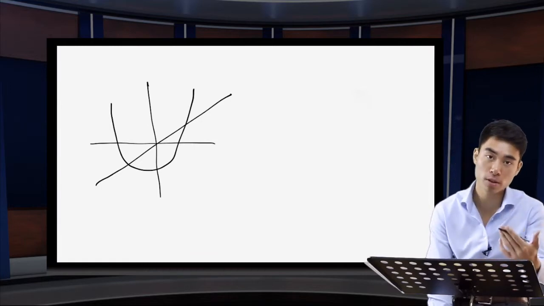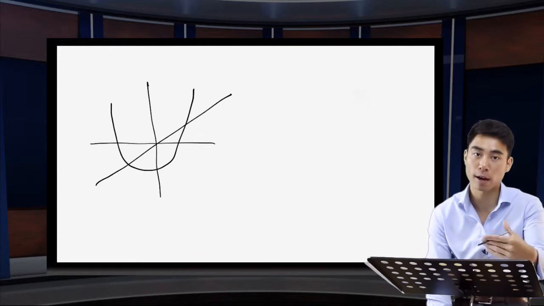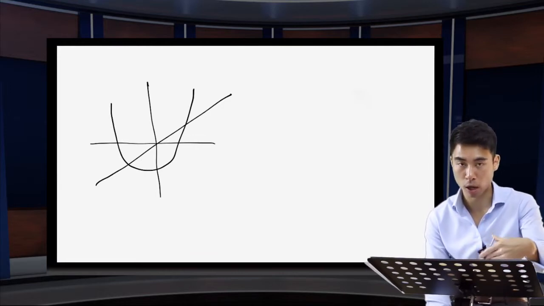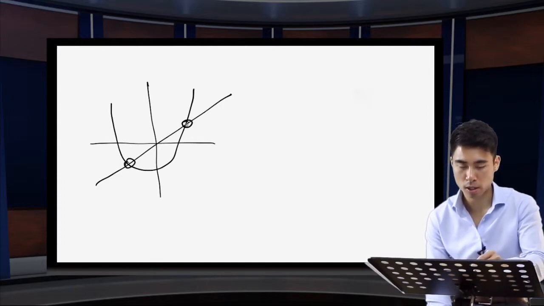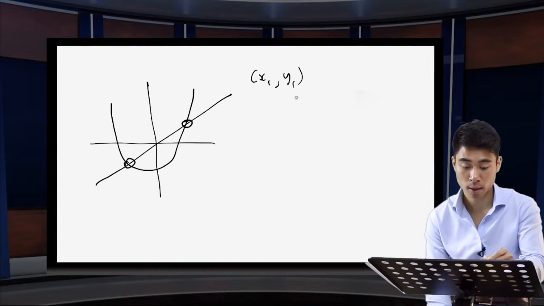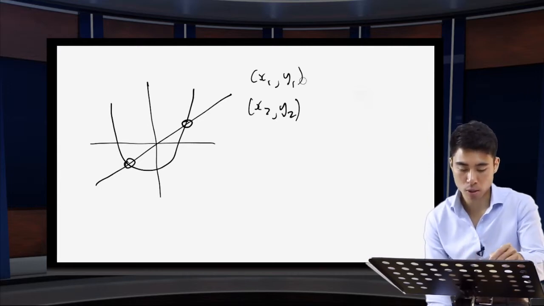When you're solving simultaneous equations, we've already said that essentially what you're doing is finding out the points of intersection between those two functions. So in this case, notice here I have 2 points of intersection, okay, and obviously there's going to be an x and a y coordinate for this one. Call it x1, y1, and also here x2, y2. So 2 coordinate pairs there, 2 values for x, 2 values for y. So that's the situation we've encountered thus far.